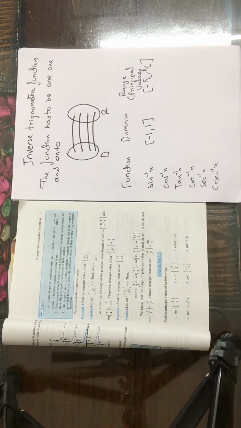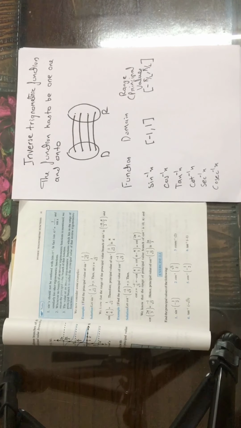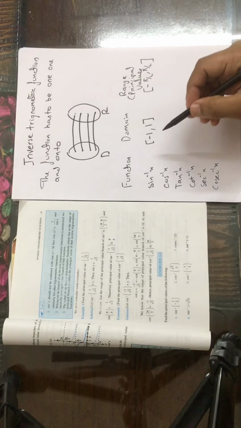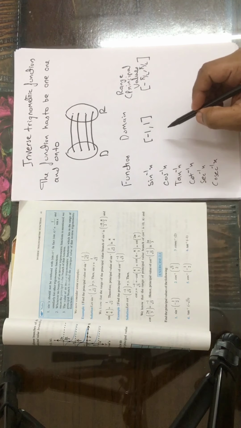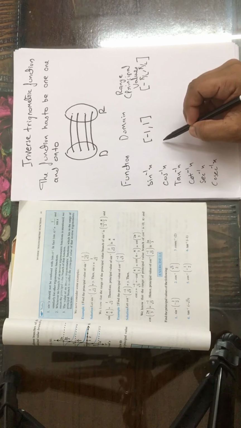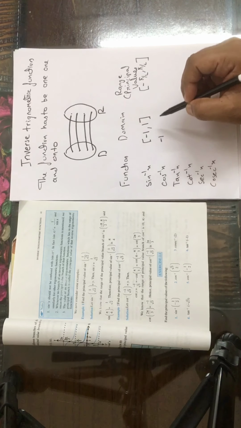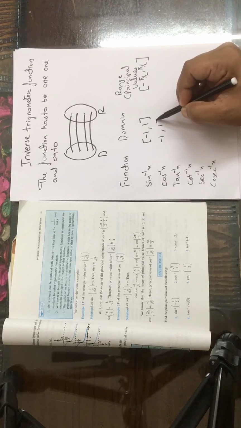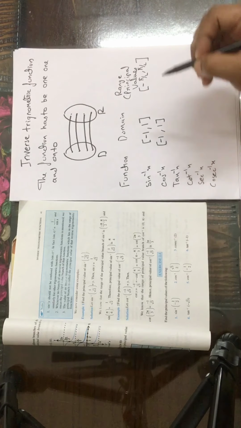Similarly, we can go for cos also. Do you remember what the domain of cos inverse x was? That was -1 to 1, also a closed interval.